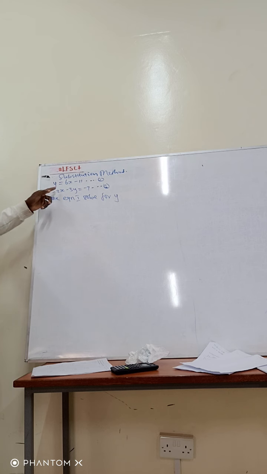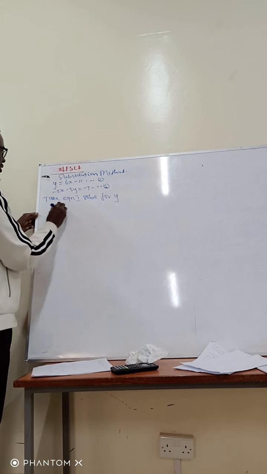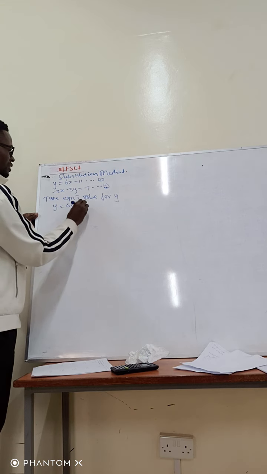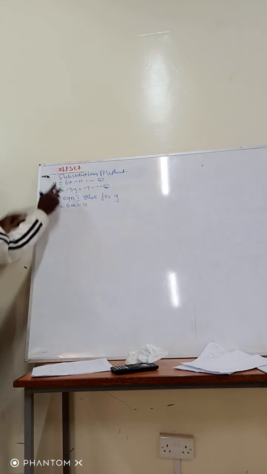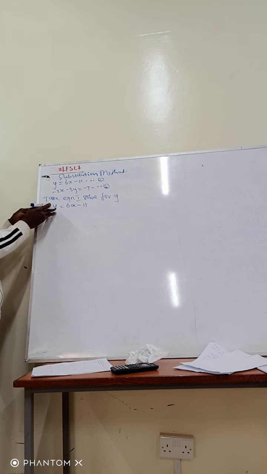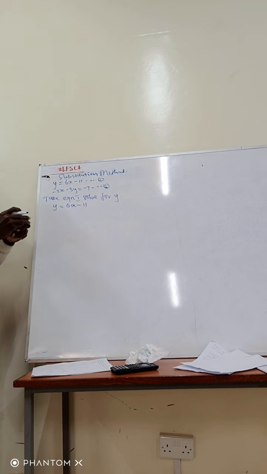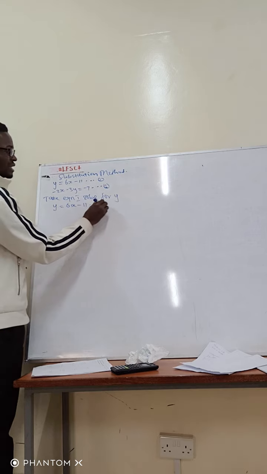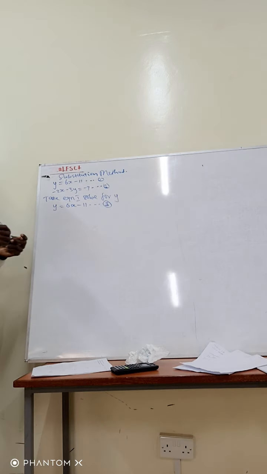But if you notice, in equation 1, y is already solved because we have y is equals to 6x minus 11. And it is already our y because we are solving for substitution method. So now you call this one equation 3. I don't know if you get me.